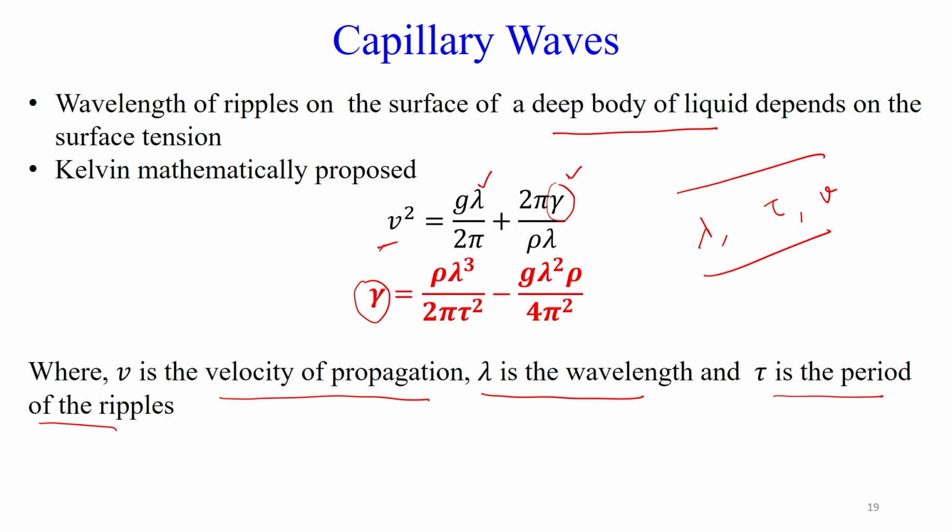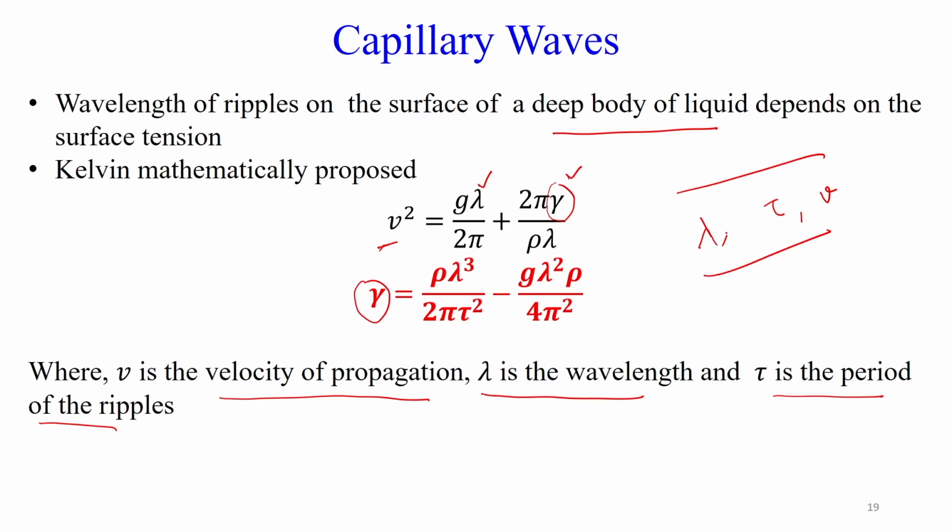If you rearrange this, you should be able to get the density times wavelength cubed divided by 2 pi times tau squared, minus g lambda squared, wavelength squared, density upon 4 pi squared. Here again we have to determine the wavelength, the period of the ripples, as well as the velocity of propagation. Once this is known, we can estimate the surface tension.